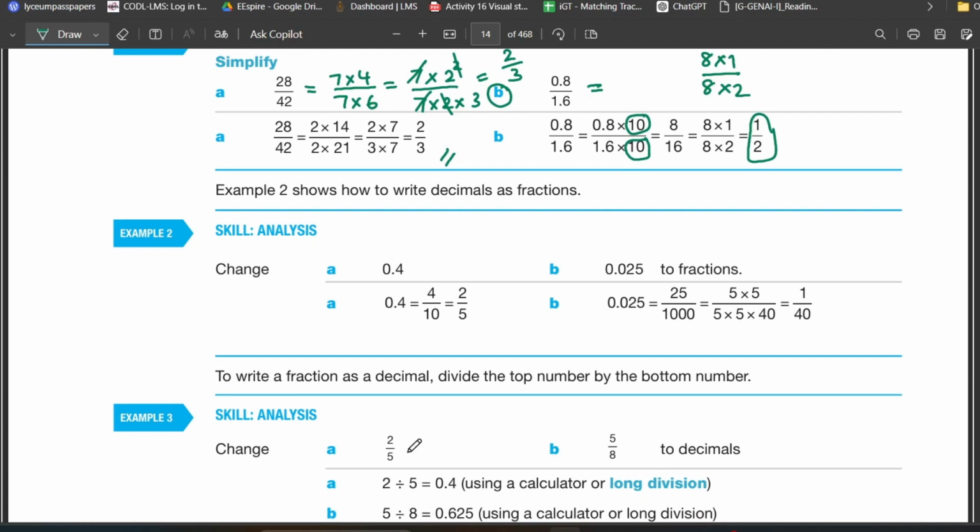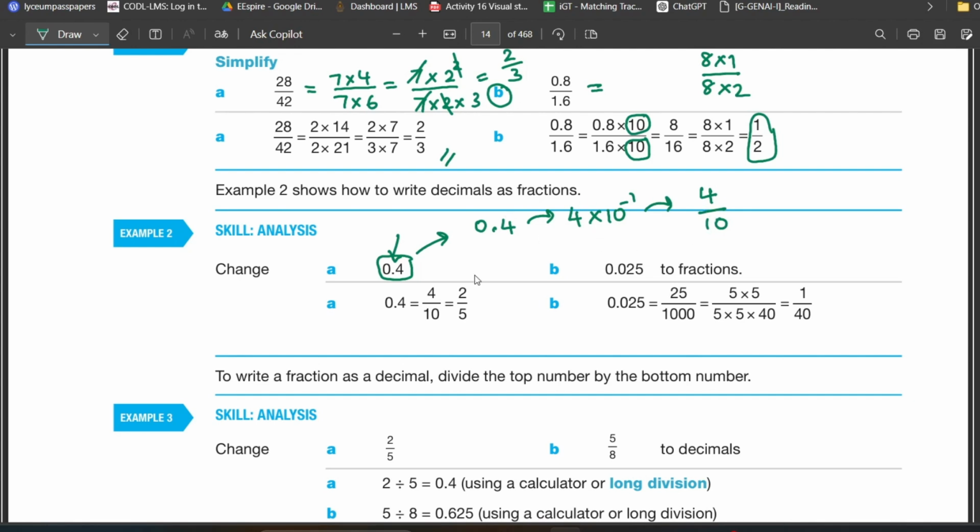Okay, so if we have a decimal number with a decimal point, we can convert it into a fraction. We have done this in previous grades. You know that we can convert this into scientific notation, 4 times 10 to the power minus 1. The meaning of this is that we are dividing 4 by 10.